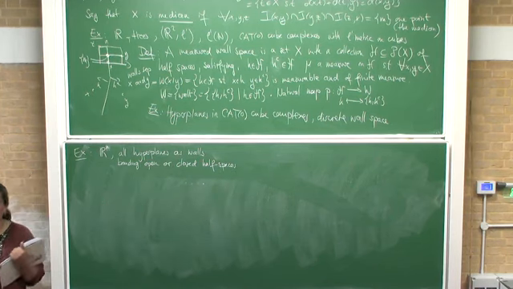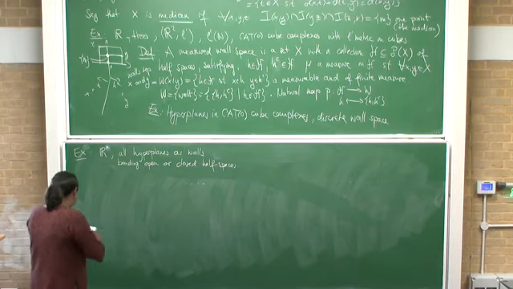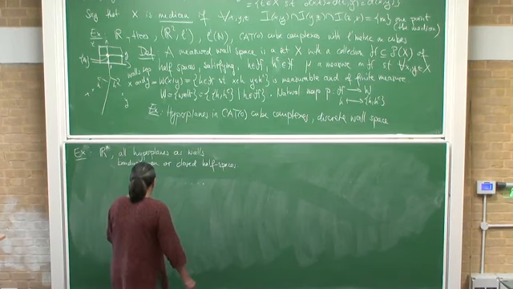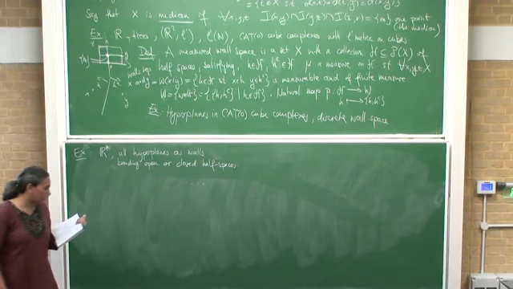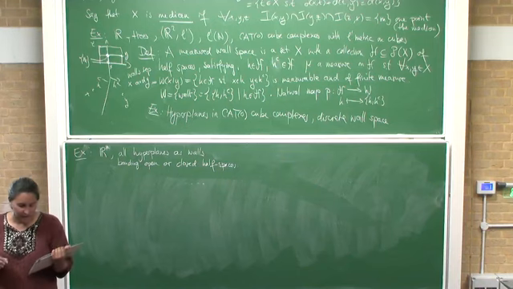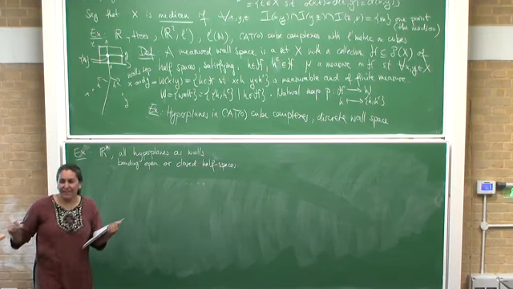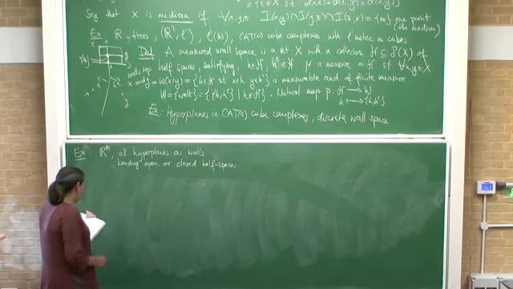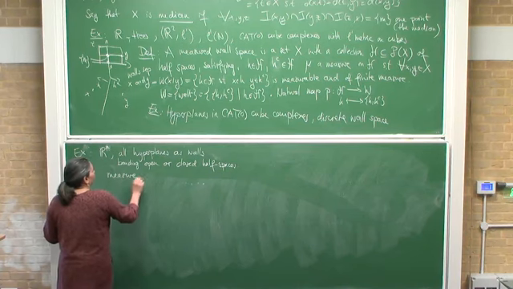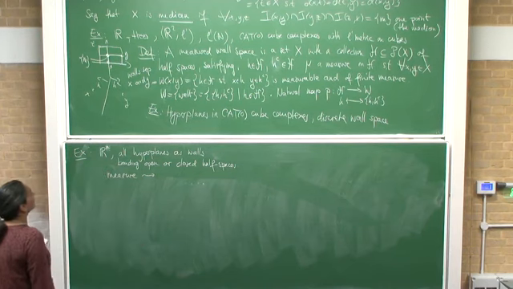And here we have to think a little bit about the measure. If you think a little bit about it, you will see that the hyperplanes are SO(n)/SO(n-1), and you can get an SO(n)-invariant measure.